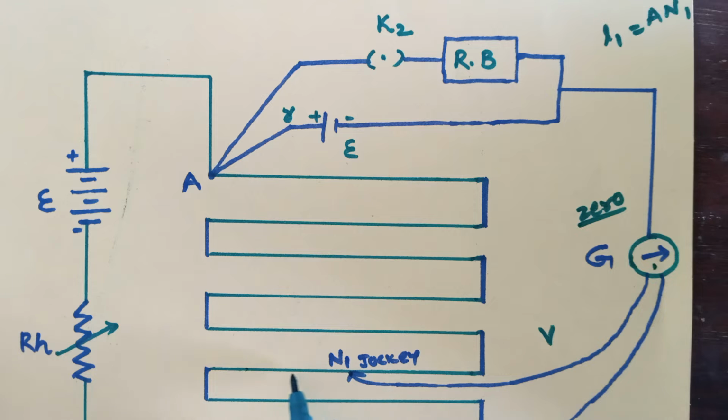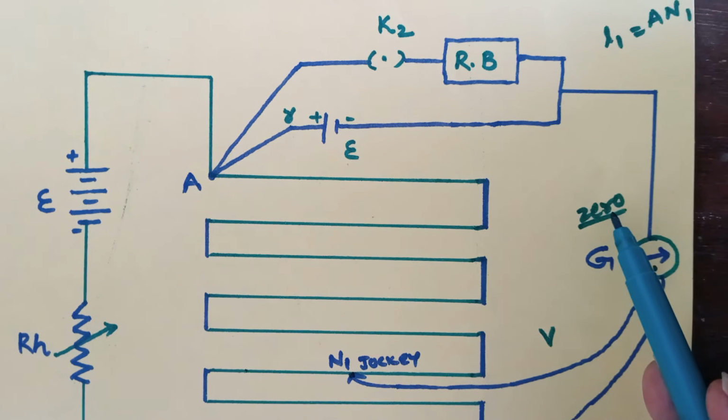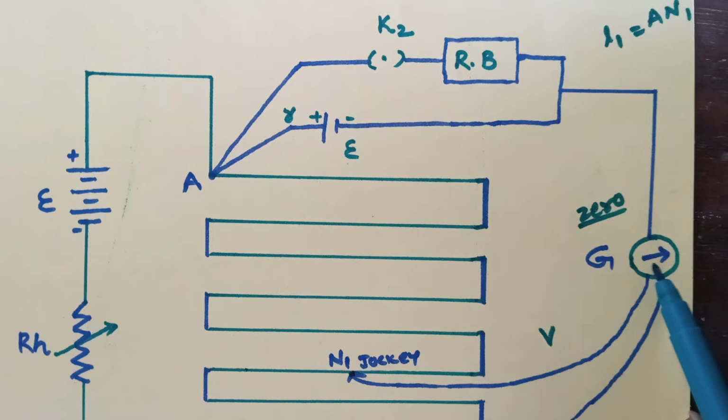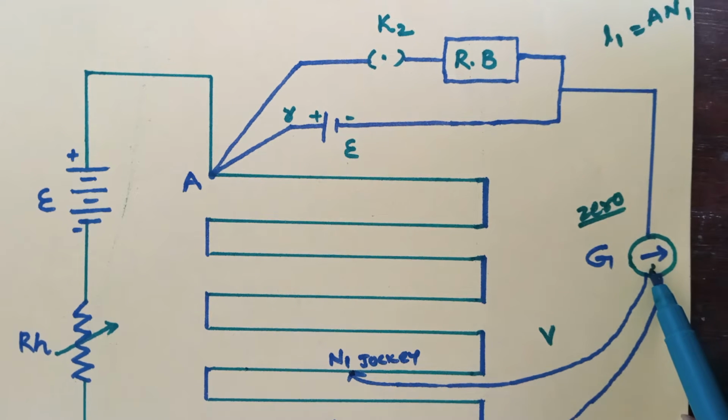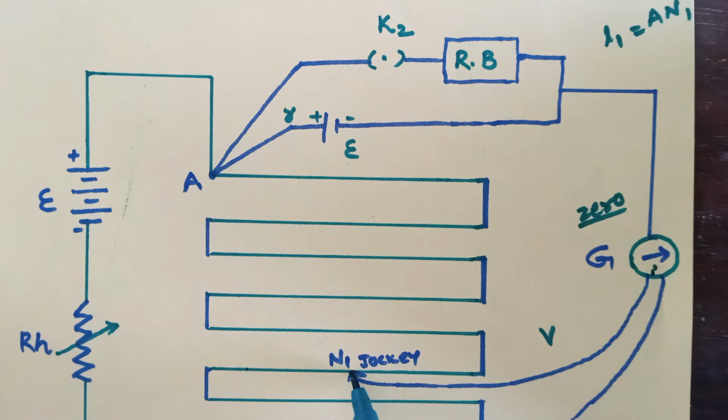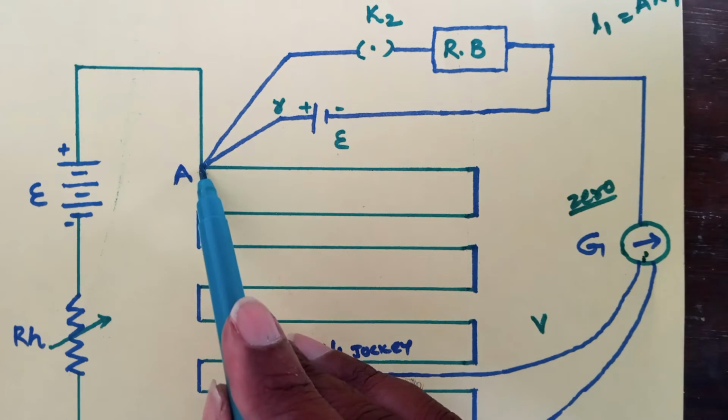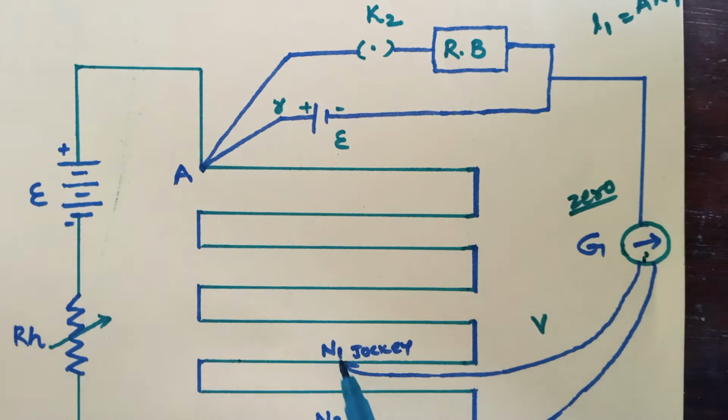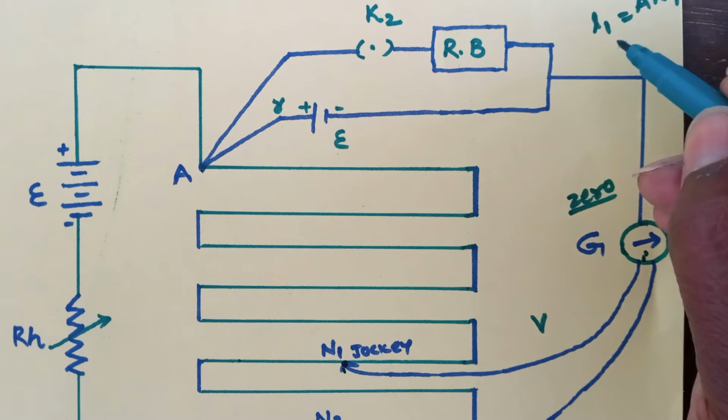We have to move the jockey on the potentiometer wire until the galvanometer shows zero or null deflection. At the time of null deflection, the jockey touches the point N1. Let L1 be the length of the first balancing point AN1.